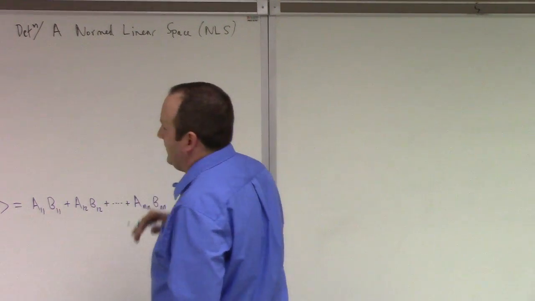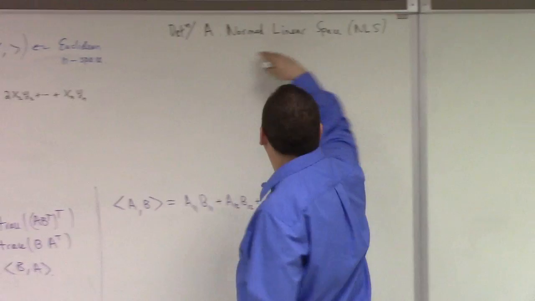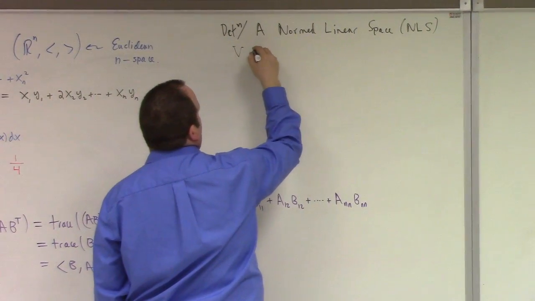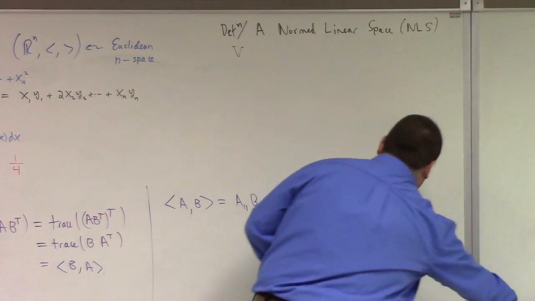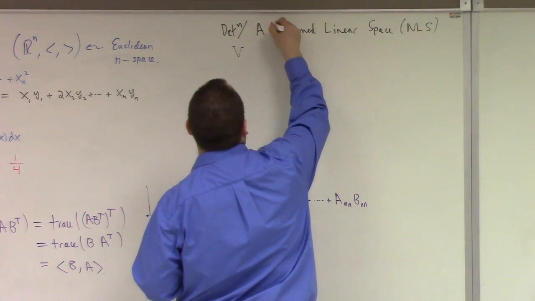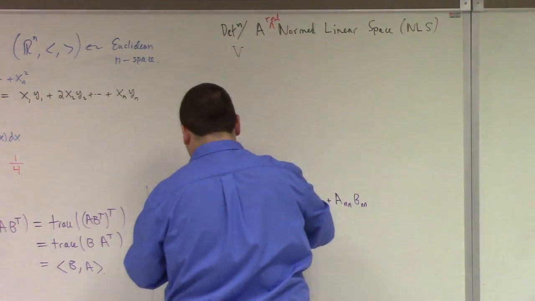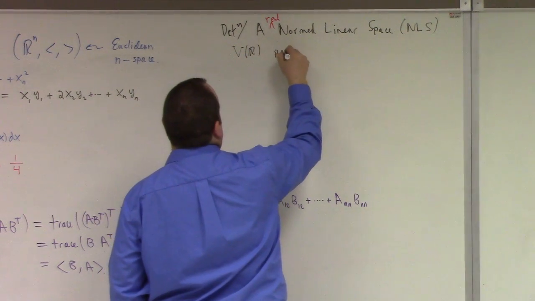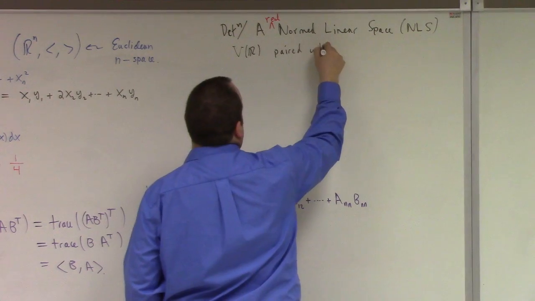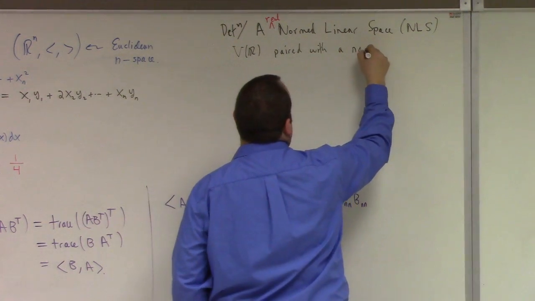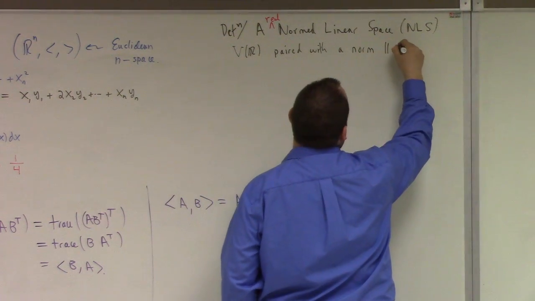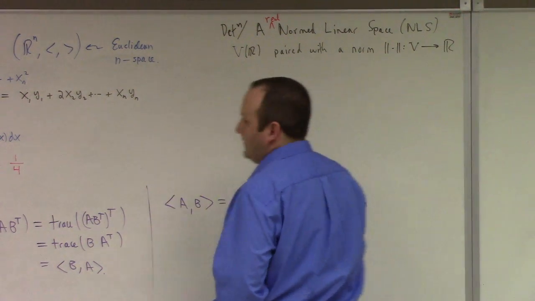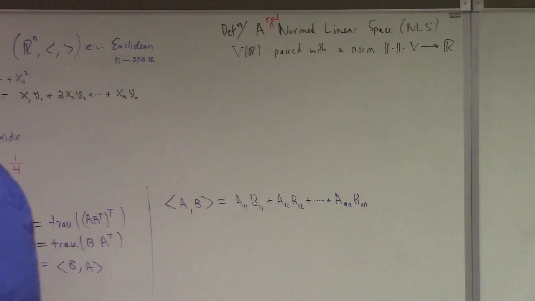So a normed linear space V, and I guess, fine, a real normed linear space, is a vector space over the reals paired with a norm. What's a norm? A norm is a function from V to the reals that satisfies a few basic axioms.